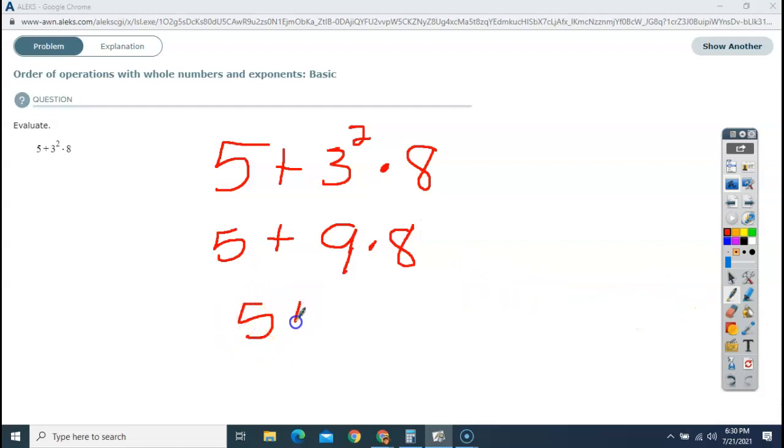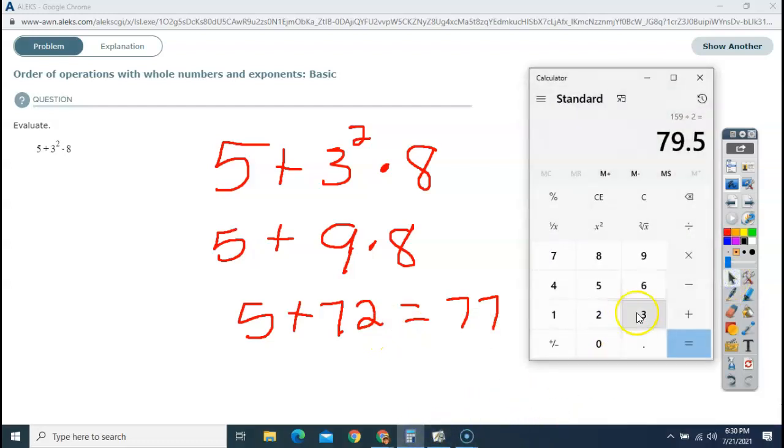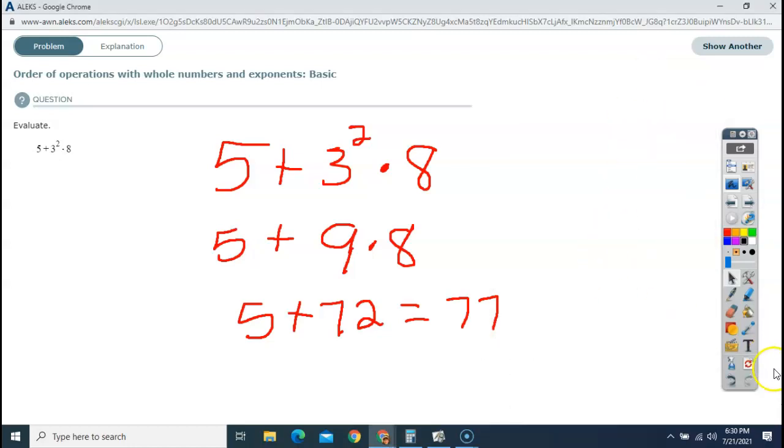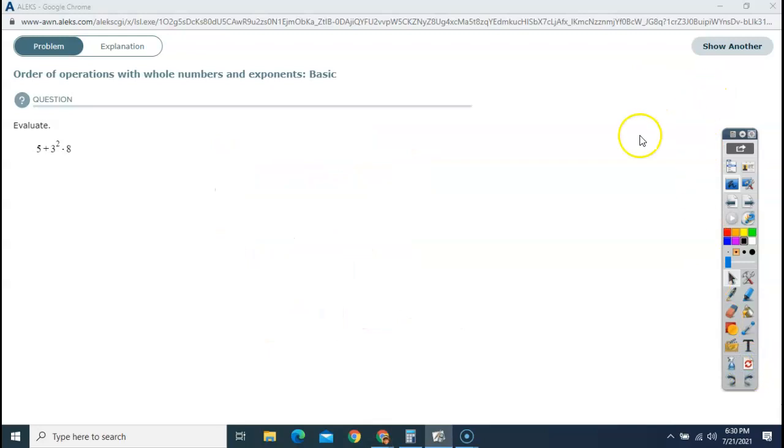So we have 5 plus 72, and that equals 77. Now if you get confused on your multiplication, just use your calculator. 9 times 8, 72. All right. Notice the last thing we did was add.